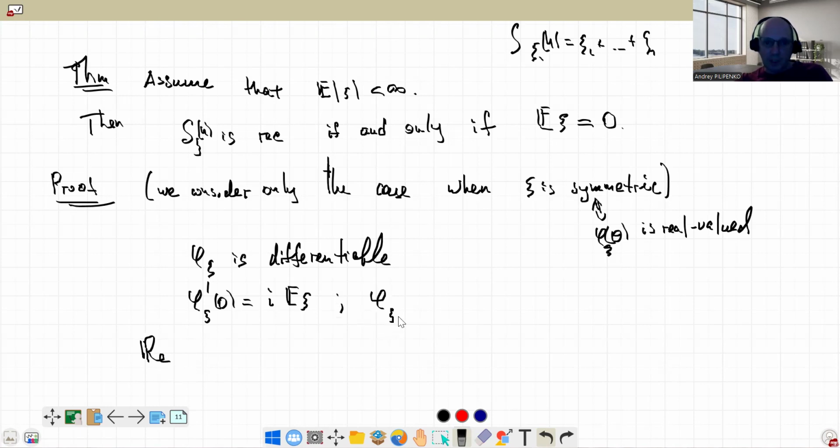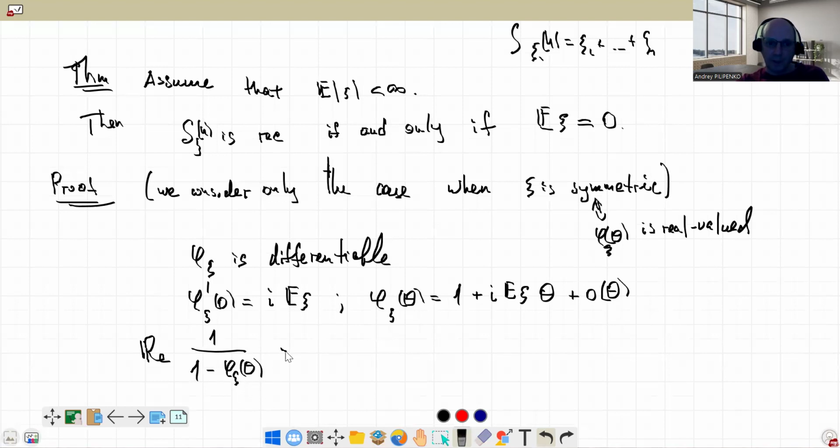Now let me write the Taylor expansion of the characteristic function in a neighborhood of 0. So it's 1 plus I times the derivative at 0, expectation of psi, theta, plus O small of theta, and real part of 1 over 1 minus phi psi of theta is equal to... I'm sorry, forget about this, because if it's symmetric, then expectation is 0.